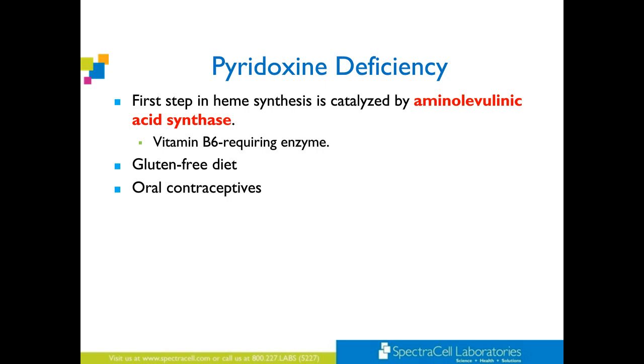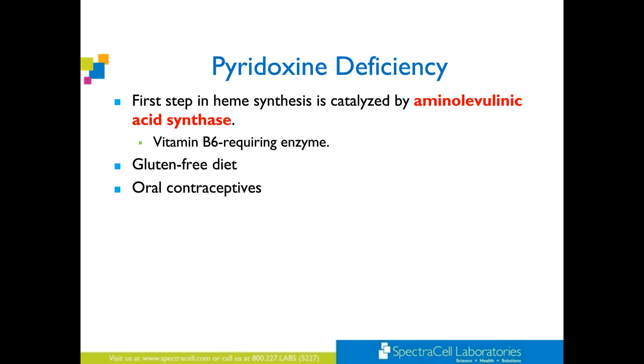If a person has a gluten sensitivity or intolerance, it can cause a change in the GI tract, which eventually can cause some autoimmune conditions. So maybe you're thinking, okay, this person has Hashimoto's, I need to get them off of gluten. You get them off of gluten, and of course, you push them into a B6 deficiency. The B6 deficiency eventually causes an anemic state, causes a low hemoglobin, but once again, when most people think about low hemoglobin levels, they think iron, iron, iron, and as a result, it's not iron, it's B6.